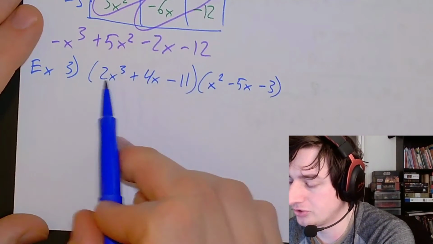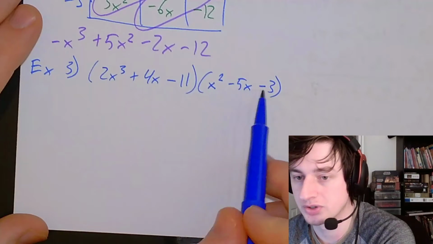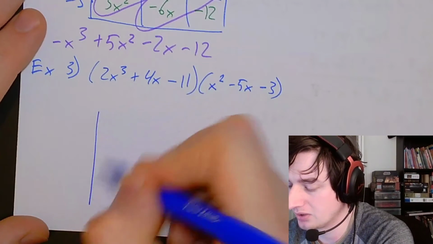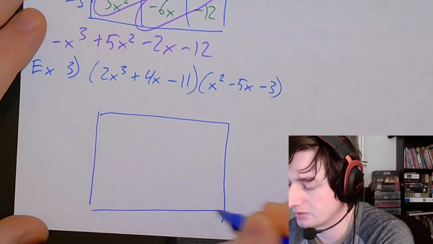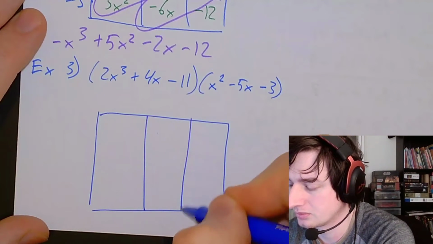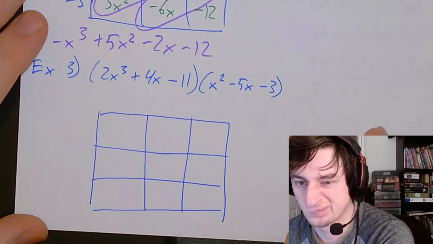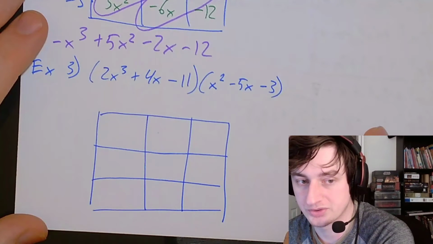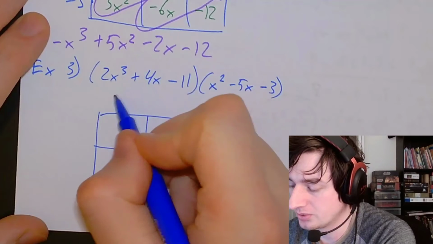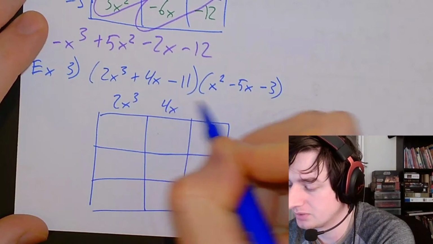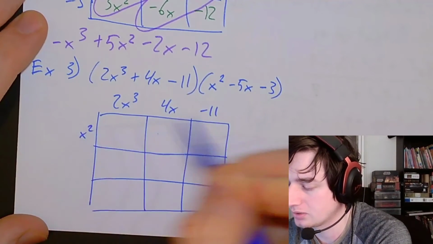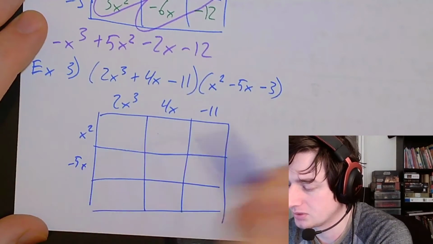So we have 1, 2, 3 terms and another 1, 2, 3 terms. So our box needs to be a 3 by 3 box. And then 2x cubed, 4x minus 11, x squared minus 5x minus 3.